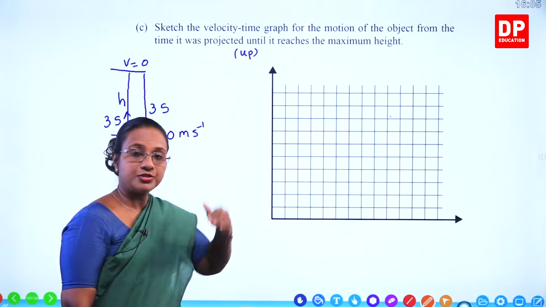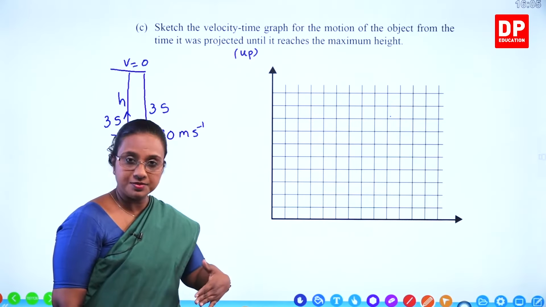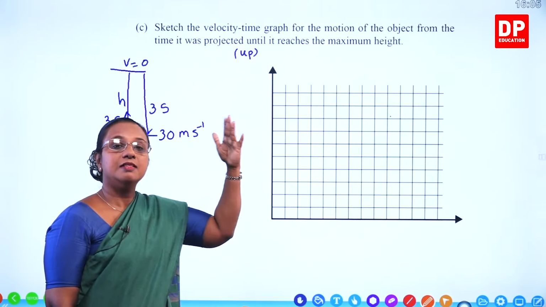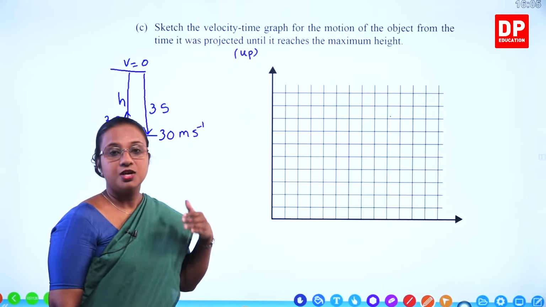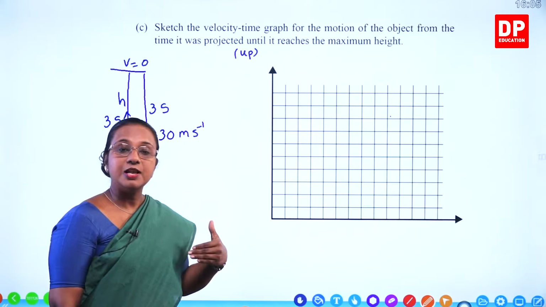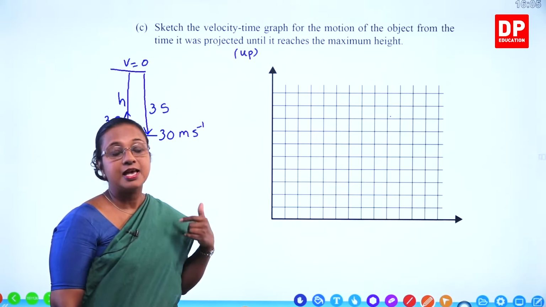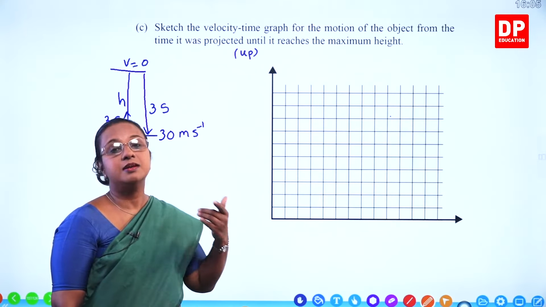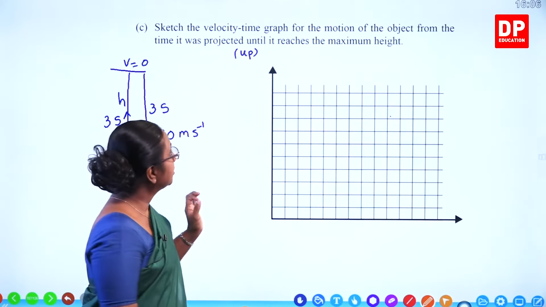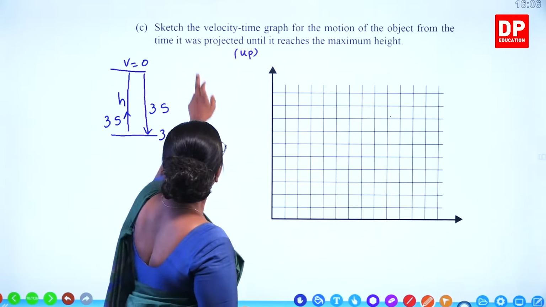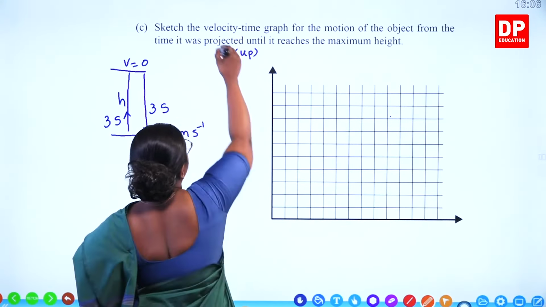Initially the object goes up, then the object comes down, and initially it is decelerating, then it is accelerating. So therefore, first the velocity decreases, then the velocity increases in the opposite direction. So when we plot the graph, we will have to consider the velocity time graph.